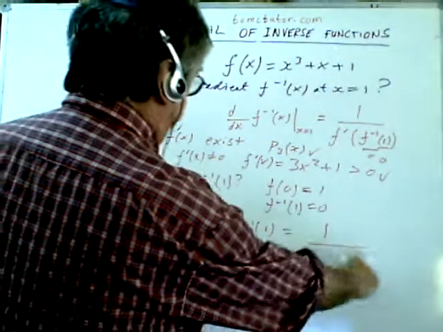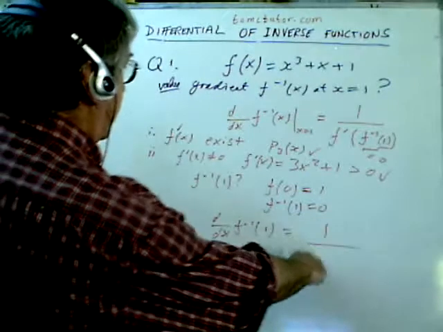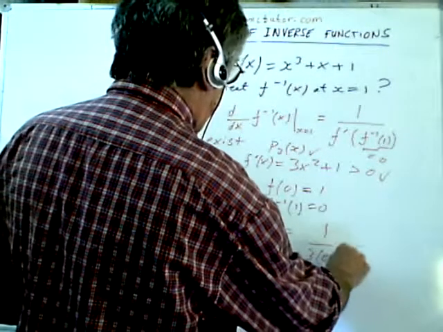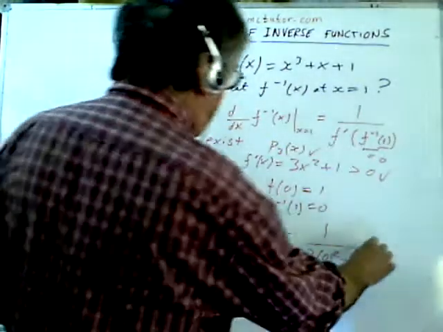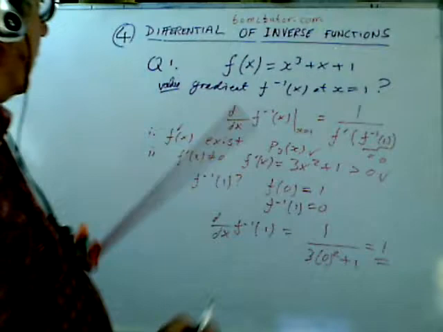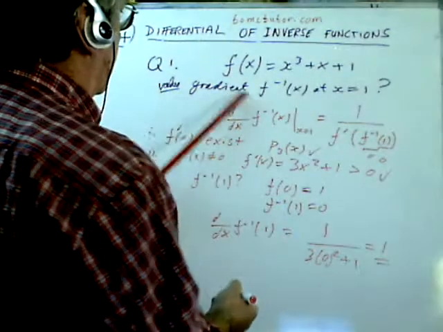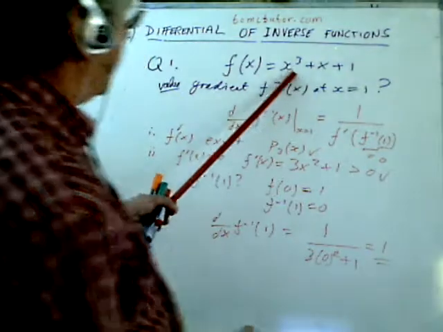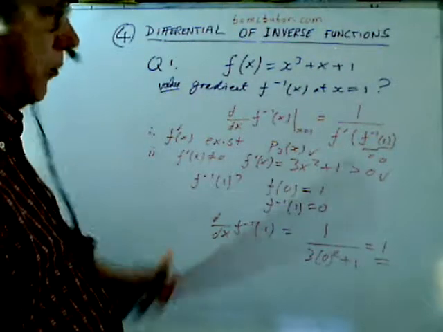It should really be 1 over f dash of 0, but I'm running out of space. So f dash of 0, well, okay, let's put it in like that. It's 3 times 0 squared plus 1, which is equal to 1. And that's the answer. So the gradient of the inverse function at that particular coordinate is just 1.